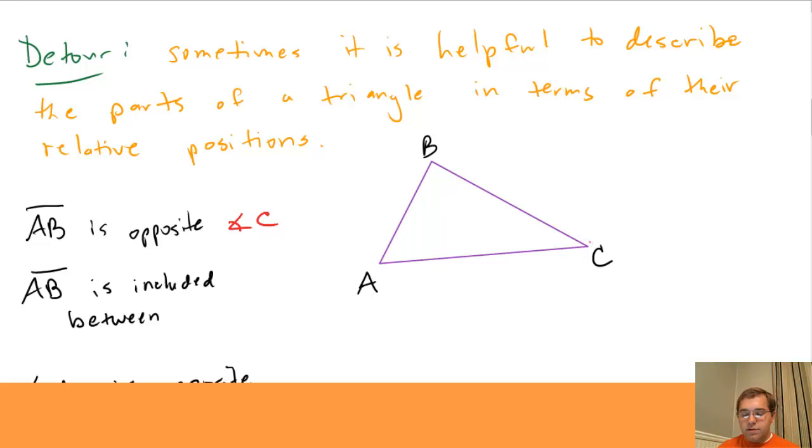AB is opposite angle C. We could also say side AB is included between angle A and angle B, because side AB right here lies between angle A and angle B. So if we use the phrase included for a side, it means it's between those two angles.